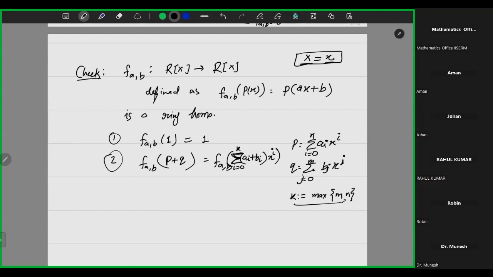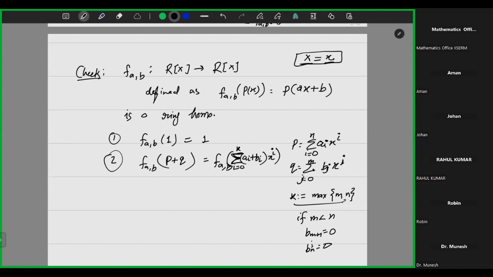If they are equal, then nothing to worry about. If they are not equal, we make them equal by adding extra terms. Let's say if m is less than n, then we take b_(m+1) equal to 0 up to b_n equal to 0 and make our polynomial till degree n, to add them.